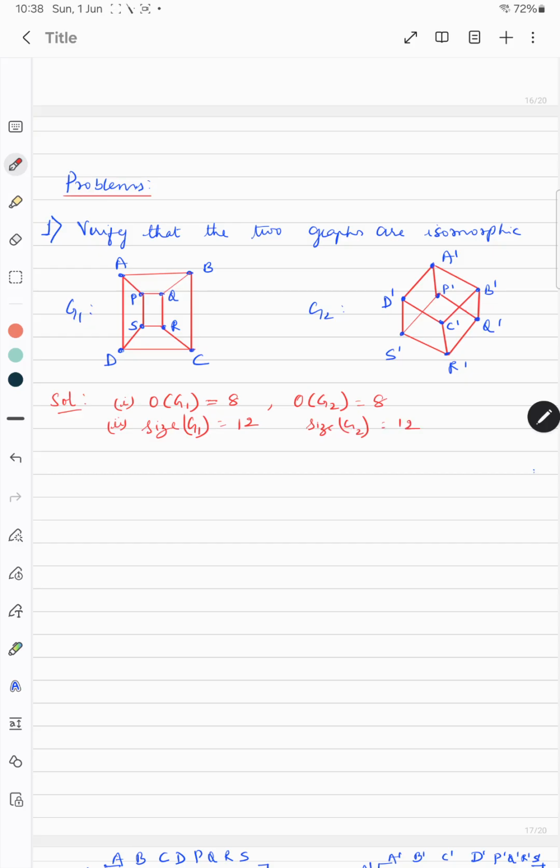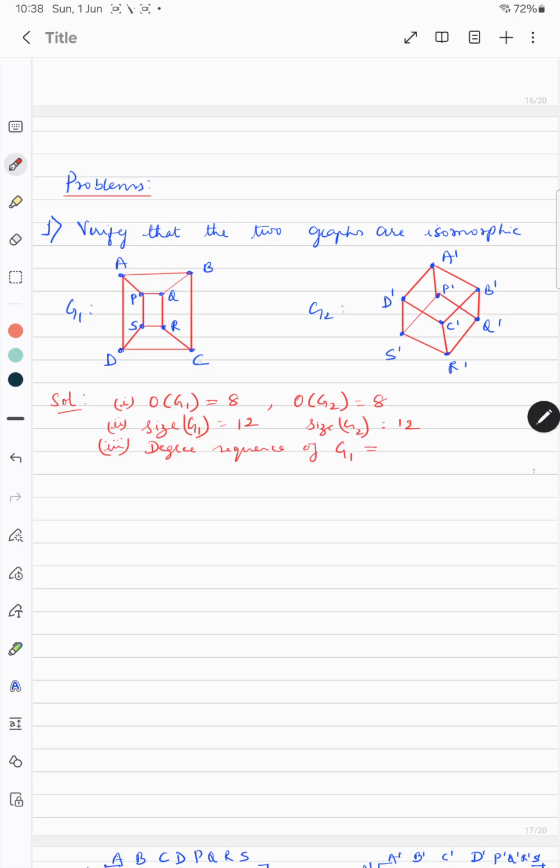Okay. So now the degree sequences. The third condition is degree sequences. The degree sequence of G1 is equal to. What is the degree of A? 3 edges are incident to A, so it is 3. Degree of B is also 3.